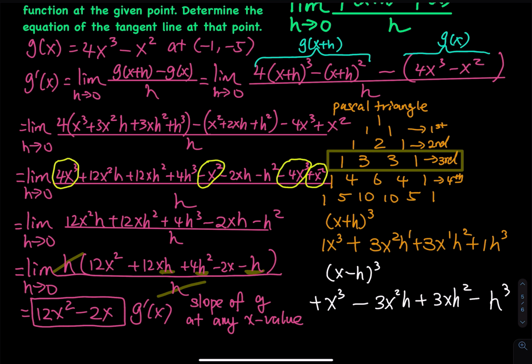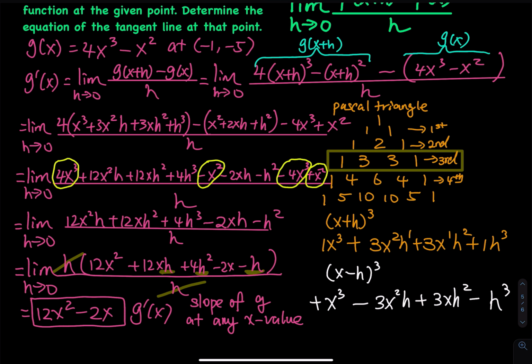Then all you have to do is plug in 0 to g prime of x. And then the g prime of x tells you what the slope is. So when you plug in an x value to g prime, you get a slope. When you plug in an x value to g, you get a point, you get an ordered pair, you get a location. Plug in an x value to function g, you get a location of a point. Plug in an x value to g prime, you get a slope.